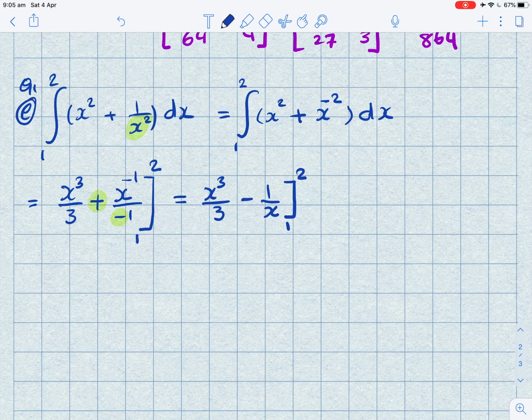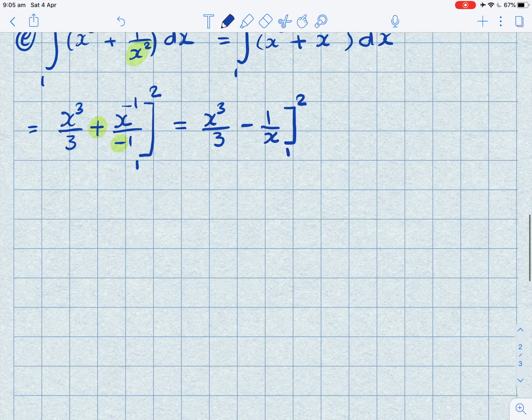Right, so now after we finish this, we can substitute the values of the limits. I'll write it down here so we have more space. So this is going to be 2 to the power 3 over 3 minus 1 over 2.